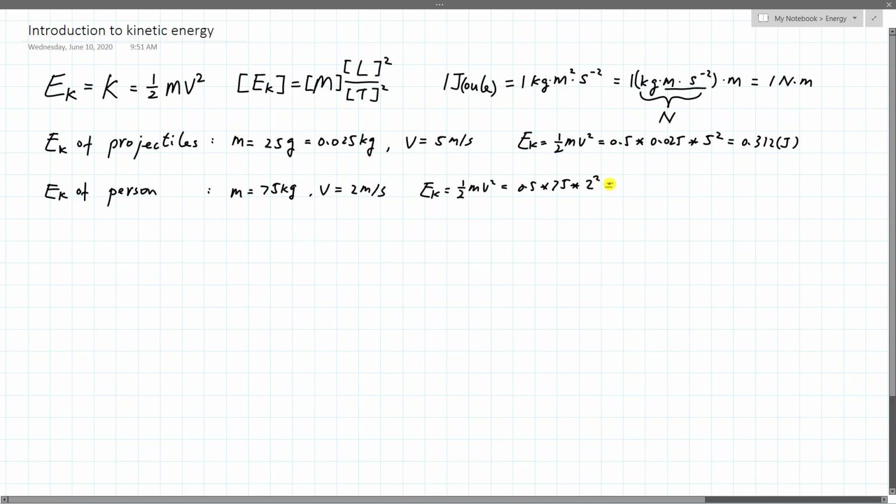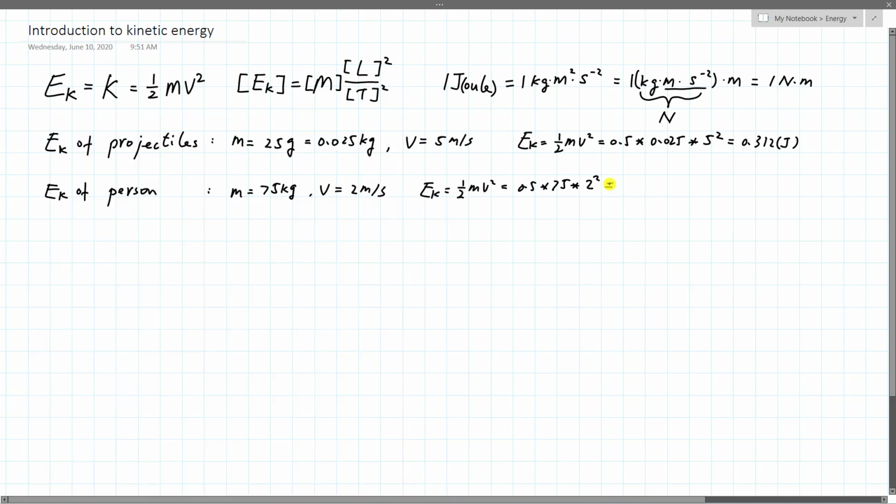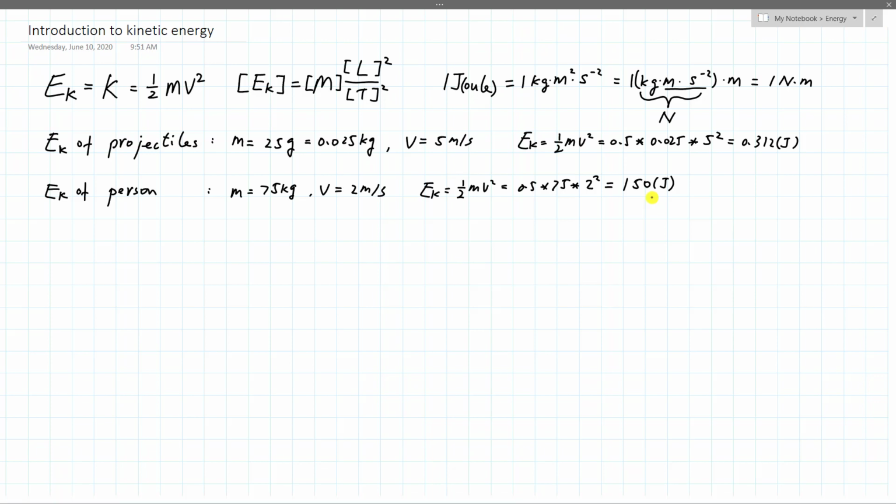So let's bring up our calculator. 0.5 times 75 times 2 squared, which is 4. So we have 150 joules. So now we're talking about hundreds of joules, maybe in the order of 100 joules. That is for a human being.